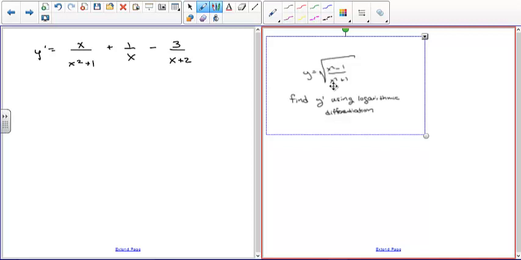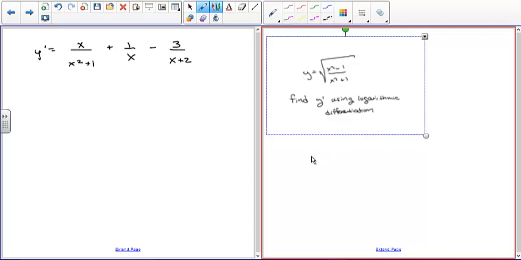So that's why we're going to take the logarithm of both sides and then use the properties of logarithms to simplify the right-hand side, just like we did in the previous example. And then take the derivative. Then you've got the extra step where you've got to plug this back in ultimately because of the way the left-hand side works.